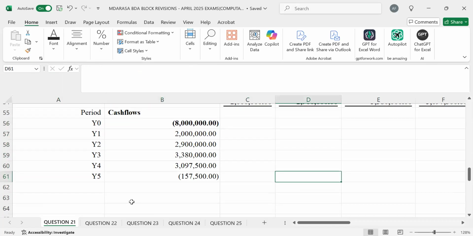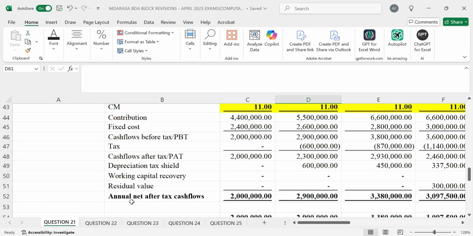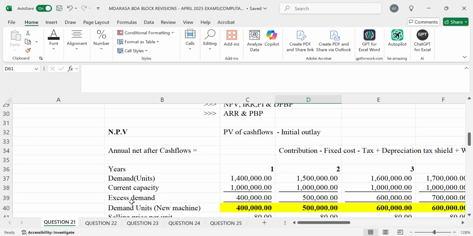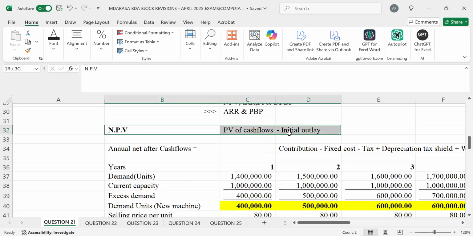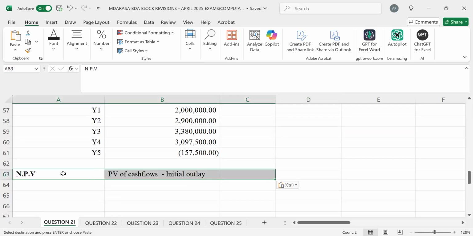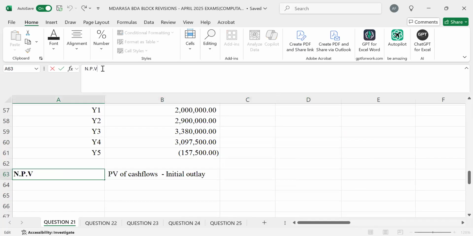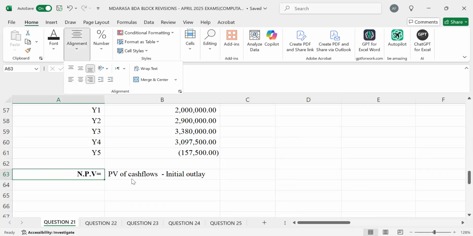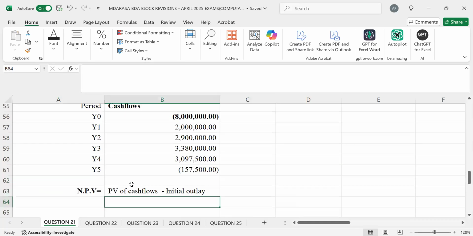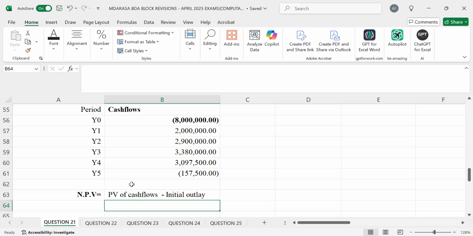So we know very well that I need to work out our NPV. And NPV, as we have stated clearly here, we need to determine the present value of our cash flows. And anytime we do present value, remember Mwalimu gave us all these concepts from scratch. When you're doing FM, in BDA, we said that it will always be upon us to look at our case and identify the annuity or lump sum.